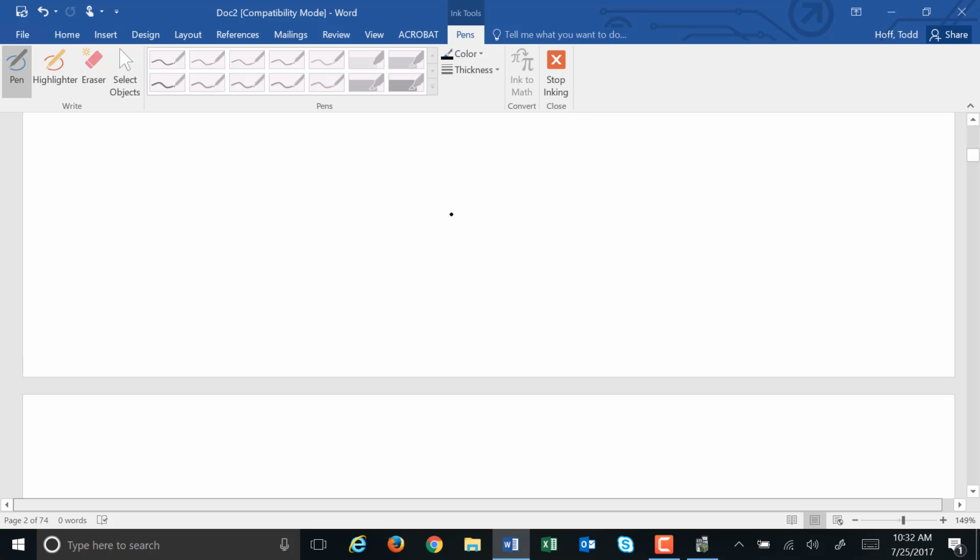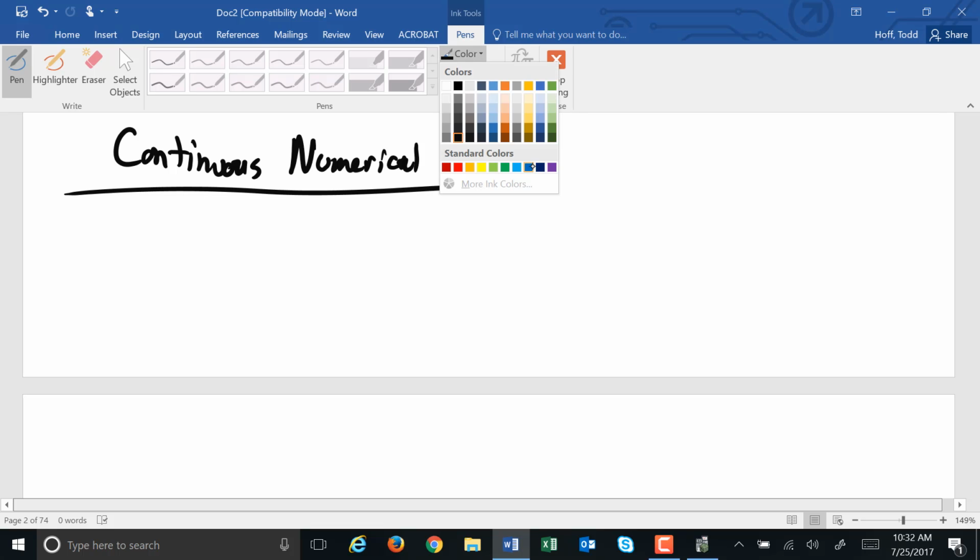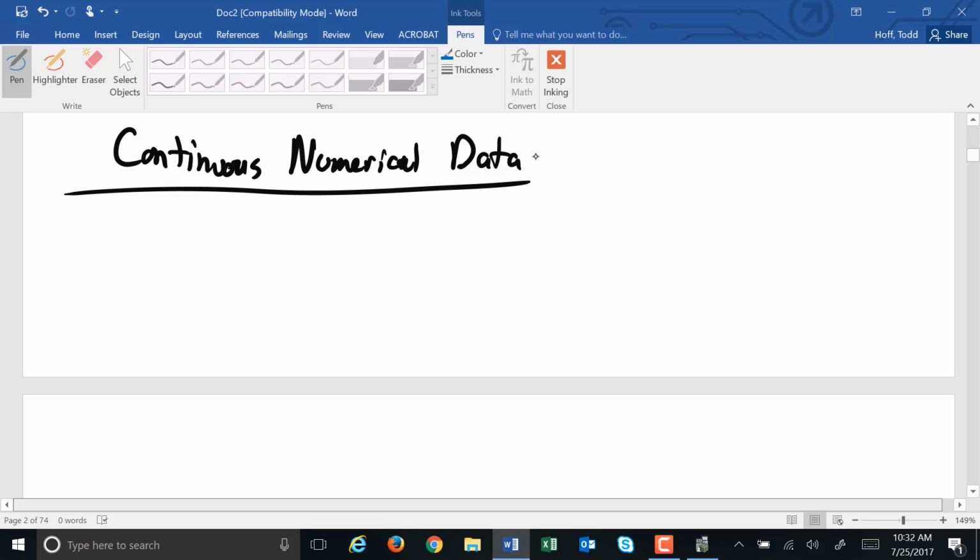Where it becomes a little trickier is when we start dealing with continuous numerical data. Continuous numerical data, because it's measured and because there's so many possible values for the result, cannot be listed individually. For example, if we're looking at height and frequency.